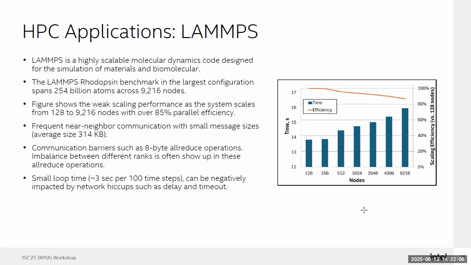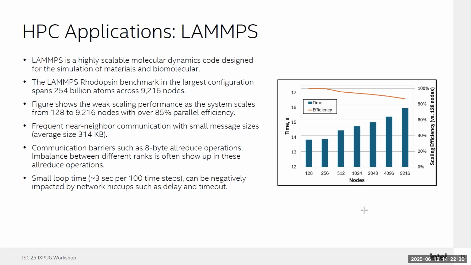Now for LAMMPS, efficiency is lower at 80%. For LAMMPS, they are near neighbor communication, but it's frequent and also the loop time is very short. You can see in the last bullet item there, the loop time is around 3 seconds, and then you have an all-reduce for that barrier.